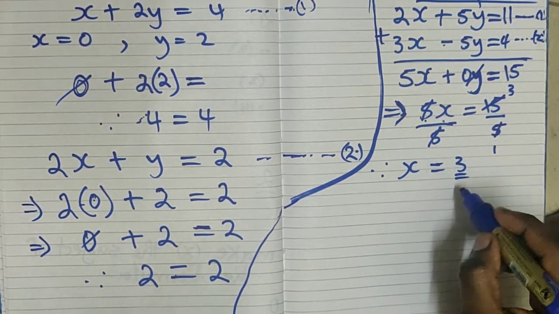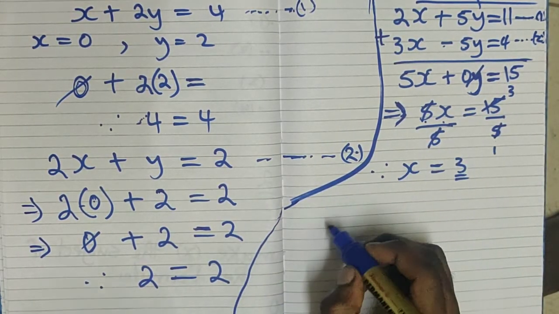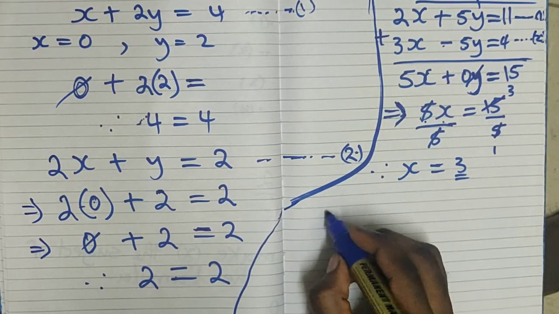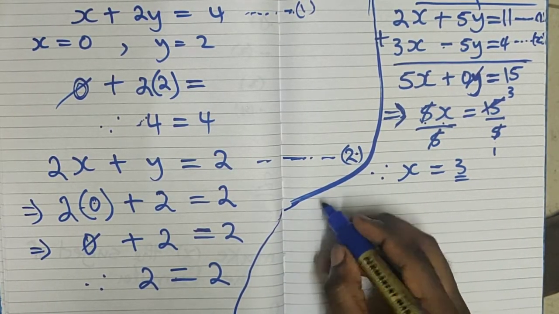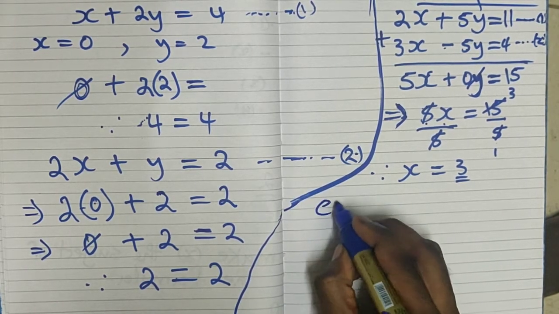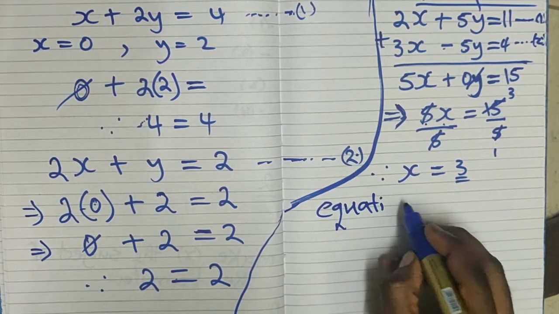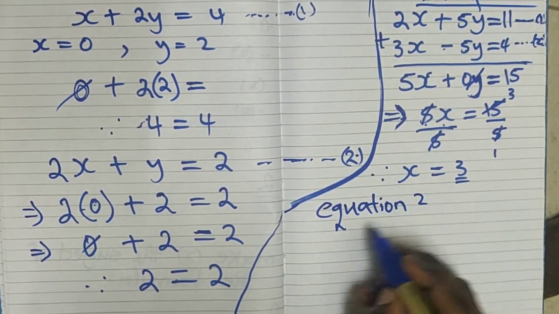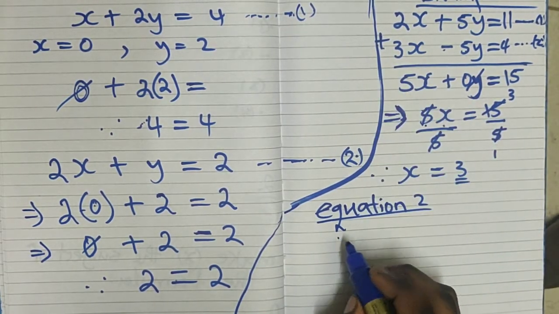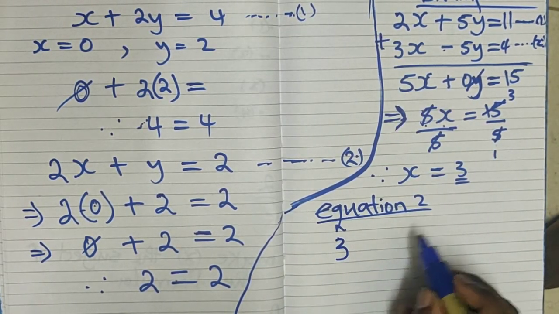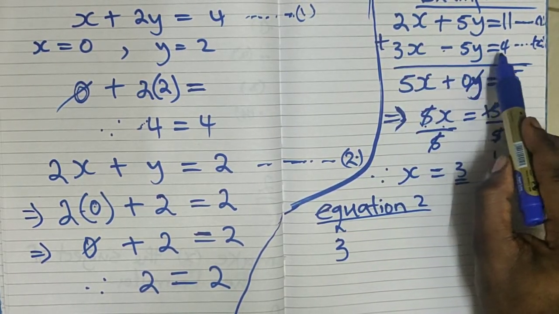Our x is 3. Let's use equation 2, which is 3x minus 5y equals 4.